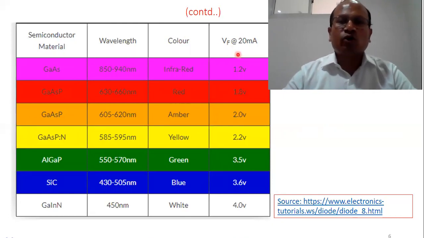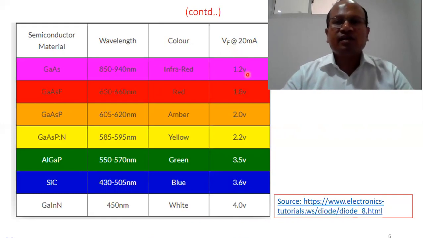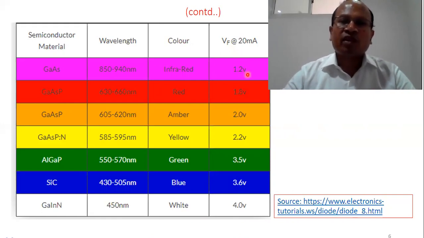What is the forward voltage? Forward voltage is the voltage across the LED which we overcome, and after overcoming that potential barrier, you can say a barrier gap, after overcoming 1.2 volt, the infrared signal will be generated. Gallium arsenide phosphide, 630 to 600 nanometer, red color, 1.8 volt, higher than the infrared.